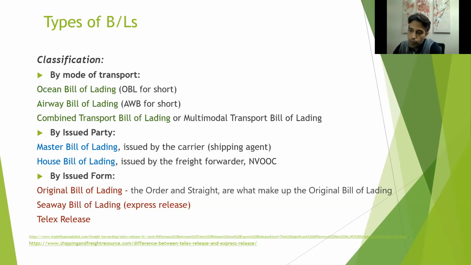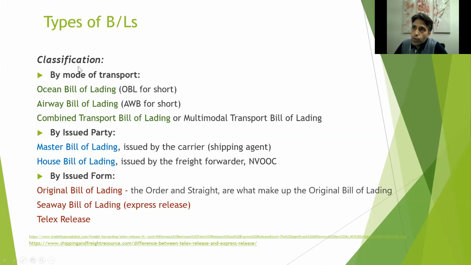These two modes of transportation are combined together, and therefore we call it multimodal transportation. We are using two modes of transportation under one bill of lading. So this is multimodal. This is the job for freight forwarders. They are able to handle it, and they normally issue the multimodal transportation bill of lading.